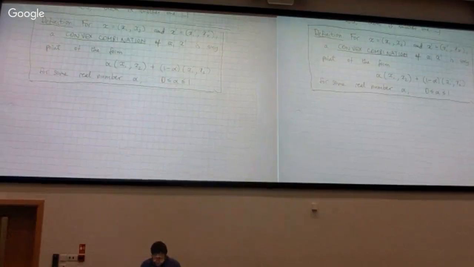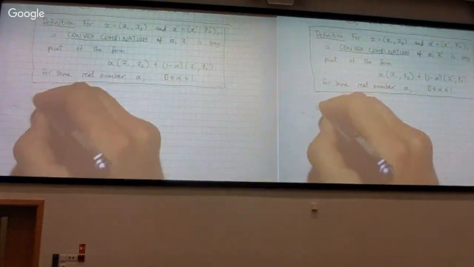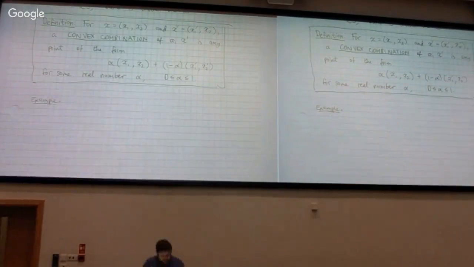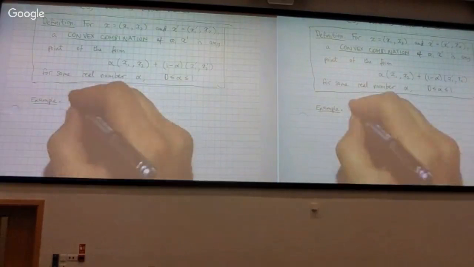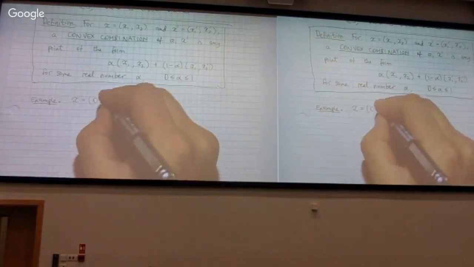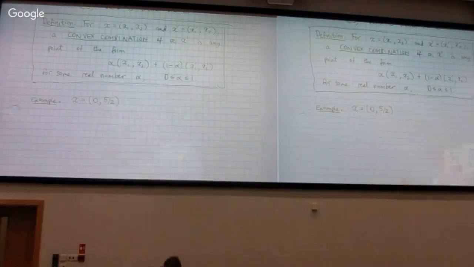So for example, if x is 0, x1 is 0 and x2 is 5 over 2.